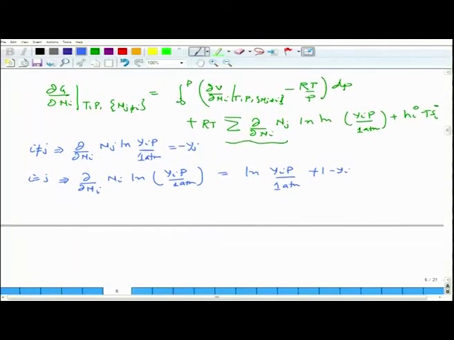Of course, this can be separated into two parts, one with this and the other with this part.